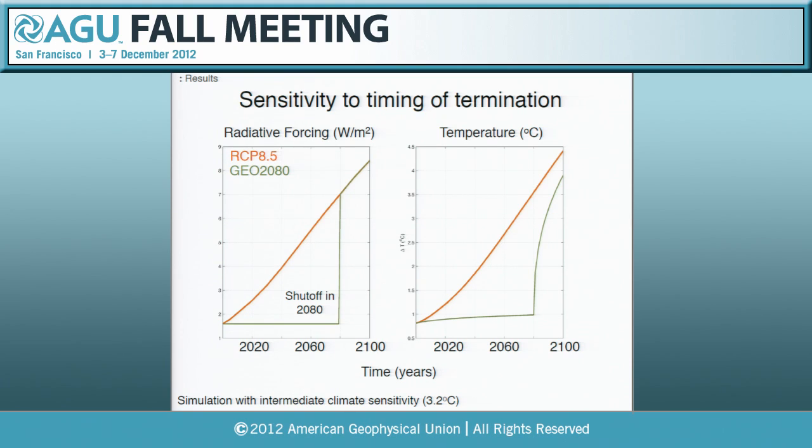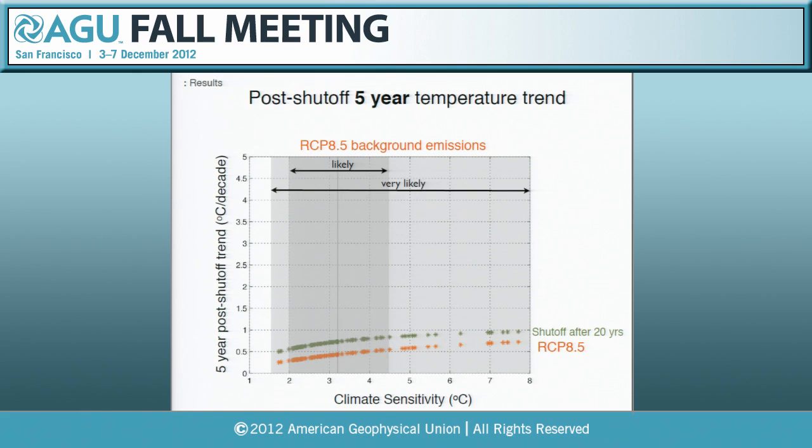So I'm going to show you a figure next that has a range of climate sensitivity. Okay, so now we're still looking at one background emissions, but now the axes are climate sensitivity versus 5-year trend. So I took the trend right after shutoff, we've got the RCP 8.5. You can see this is no geoengineering here, and this is 20 years later shutoff.